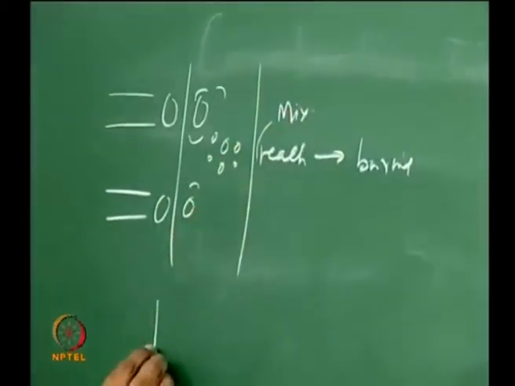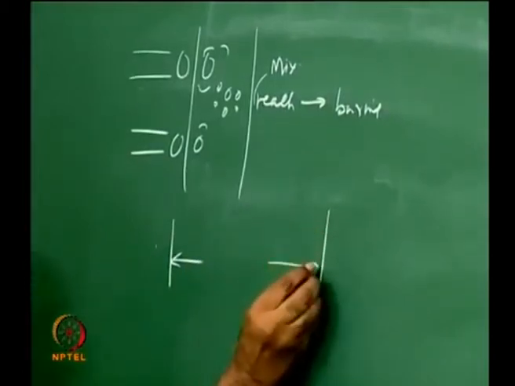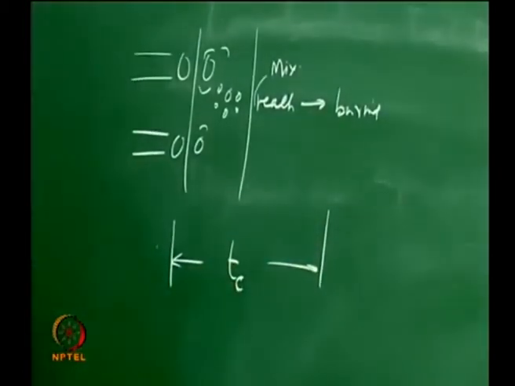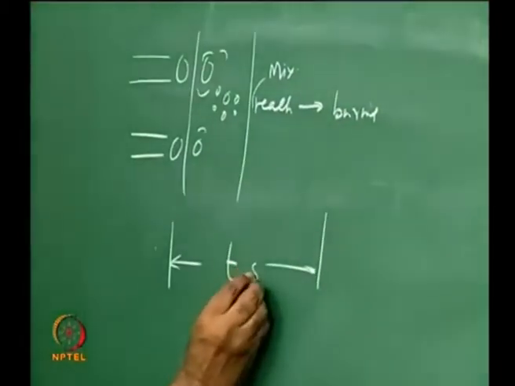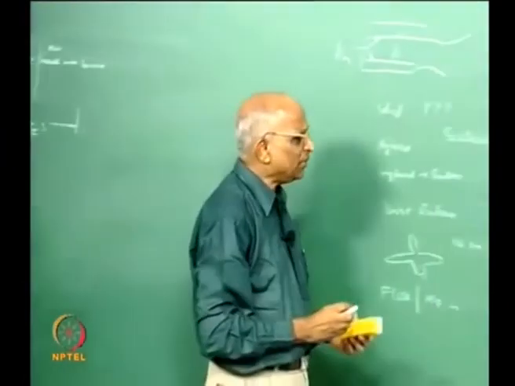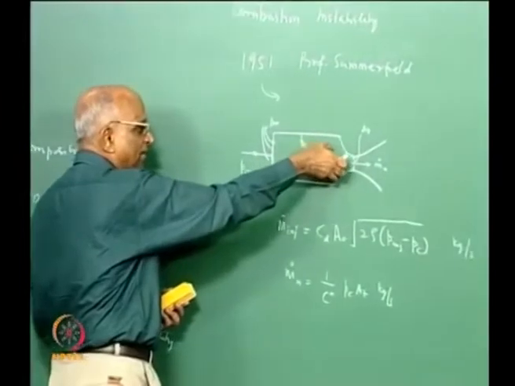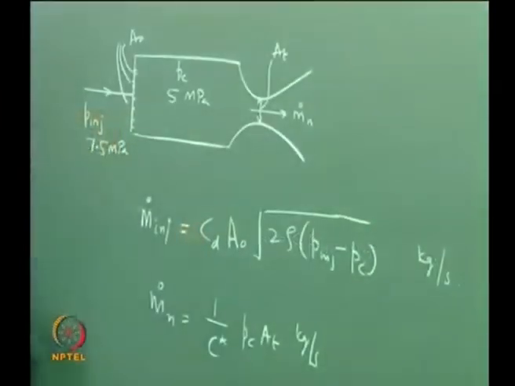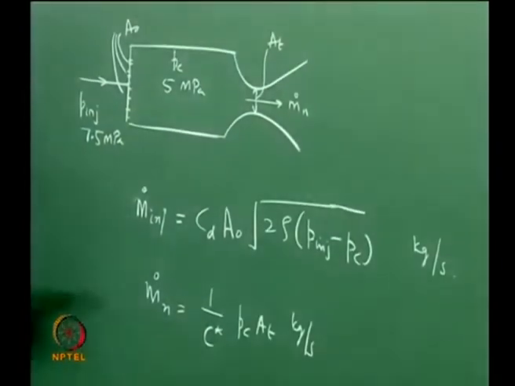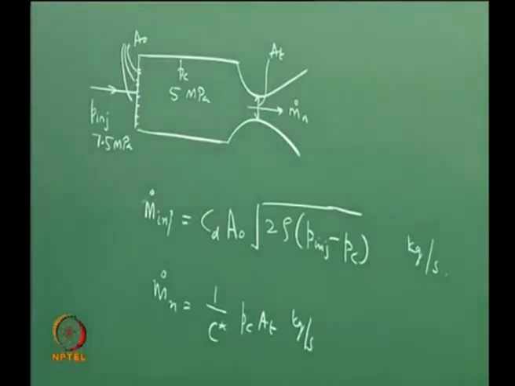Therefore, if I say the entire process from injection to burning takes a time of, let us say, T delay, due to combustion delay is Tc seconds, then I need to make some changes in this equation. What is it I am telling? Something is entering, it has to form gases before it leaves the nozzle, and therefore if I were to write an equation which takes care of the rate of mass variations, what would I be writing?